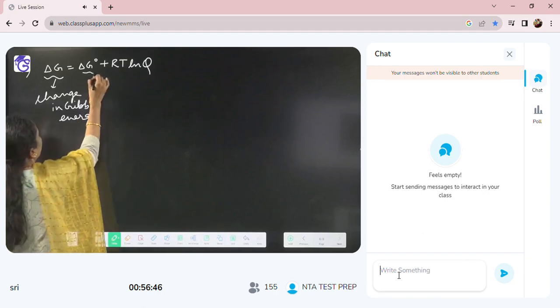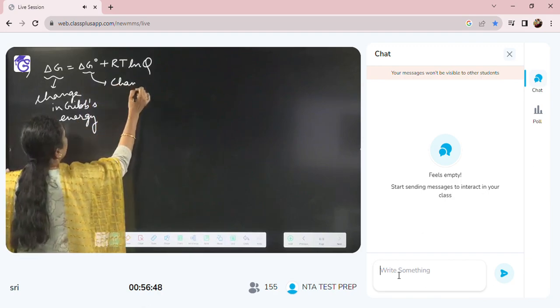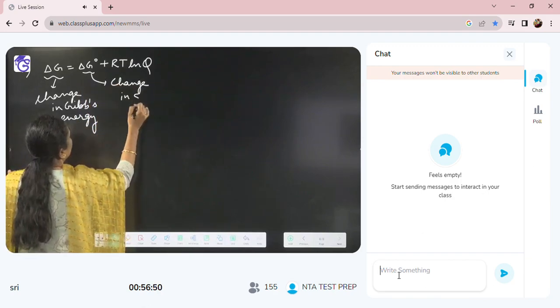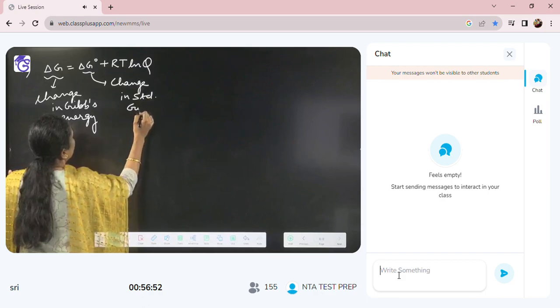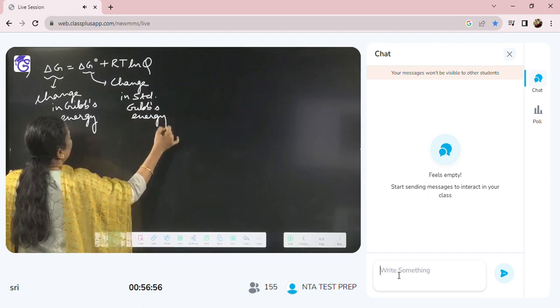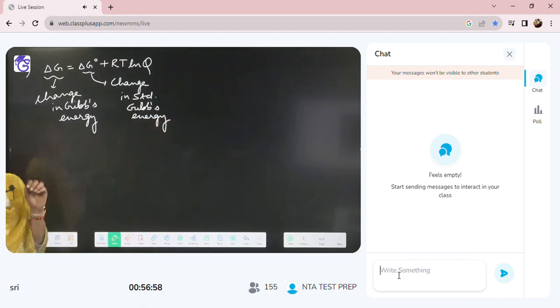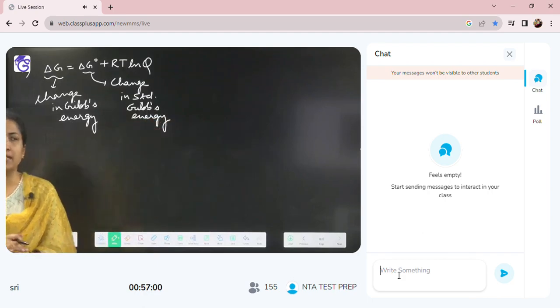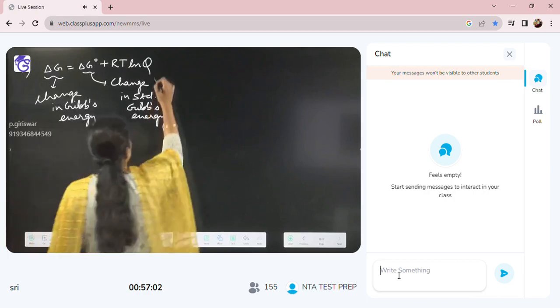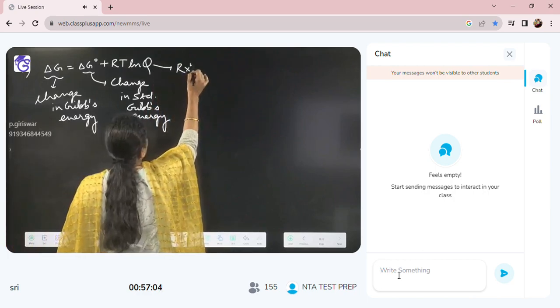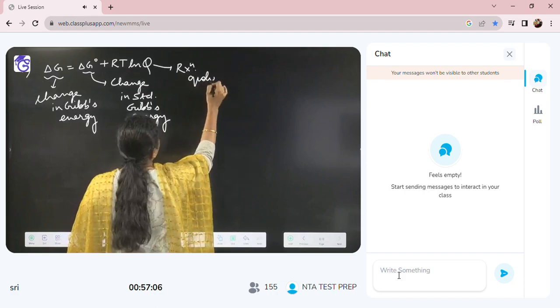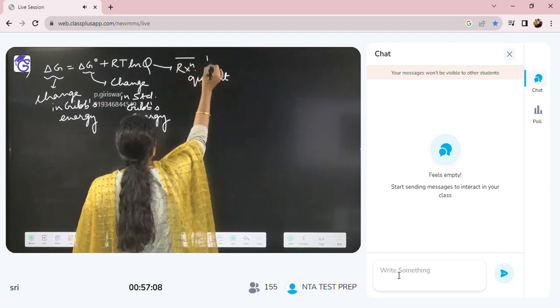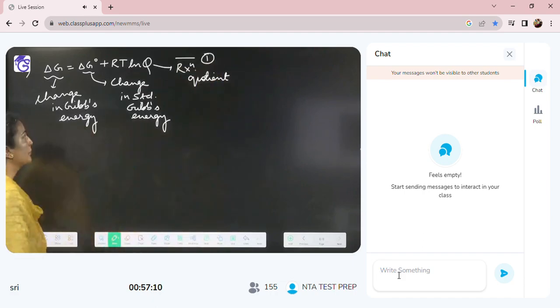And what about delta G naught? It is change in standard Gibbs energy. Standard means all the reactants and products are present in the standard state. And what about this Q? Q is reaction quotient. Let us say this is equation number 1.